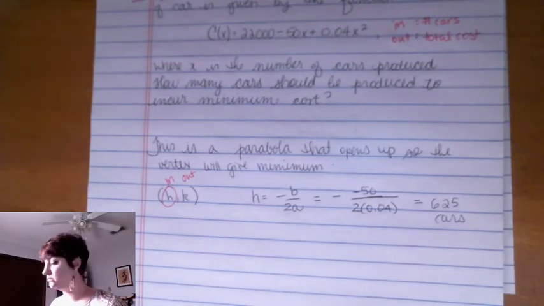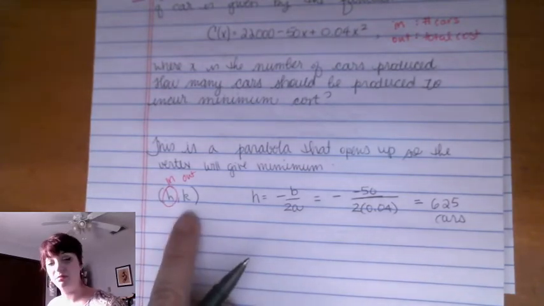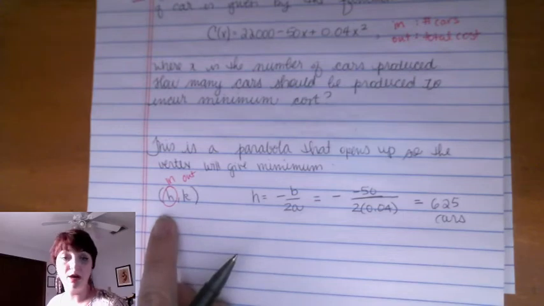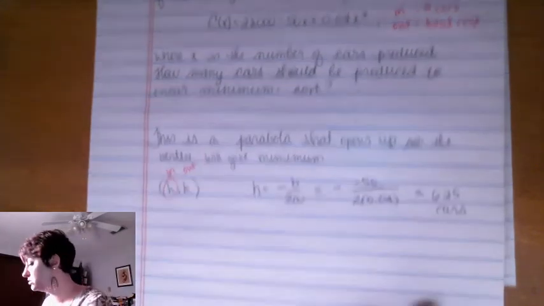That's it. So it didn't ask what the minimum cost was. It just asked how many cars give you minimum cost.